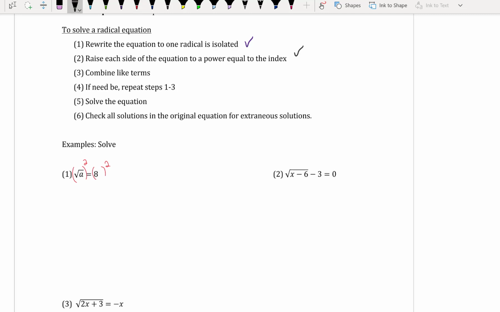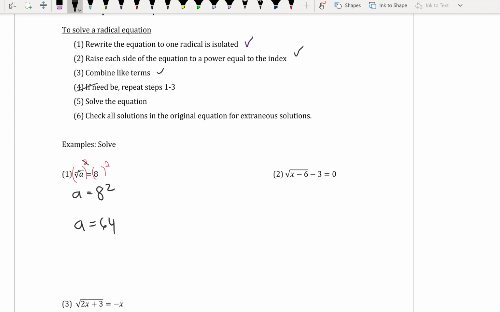So when I do that, the square root and the square cancel out. So I'm left with a is equal to 8 squared. So then a, when I combine like terms, 8 times 8 is equal to 64. I need to repeat the steps if necessary. I don't need to.